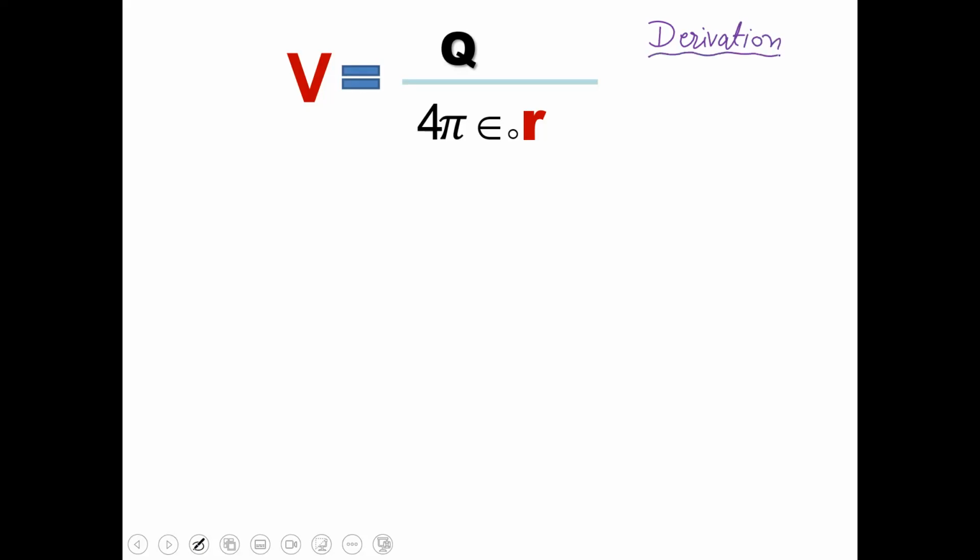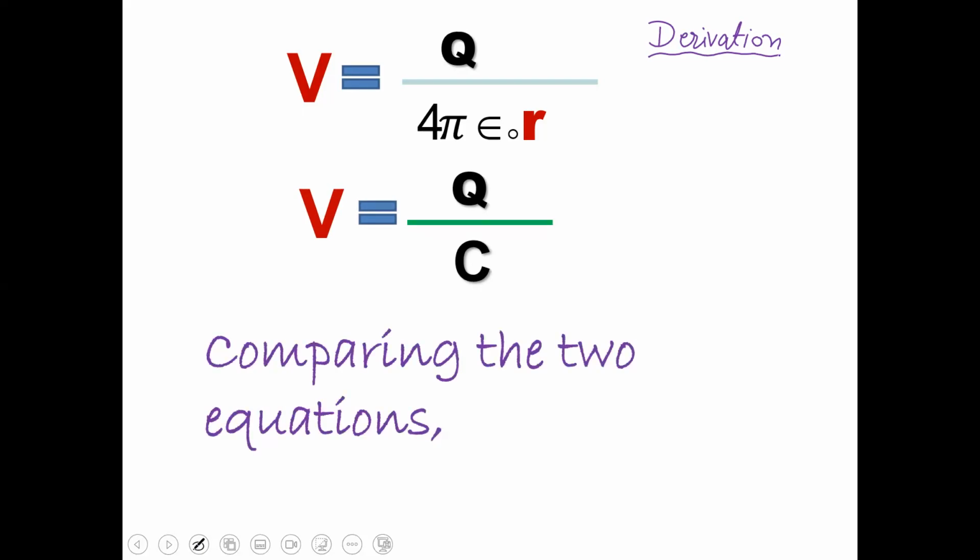Derivation. And copy the first step. This is coming from our previous chapter. V is equal to Q upon 4 pi epsilon naught into R. This chapter says V is equal to Q upon C, and we are going to compare the two equations. We have to copy this.